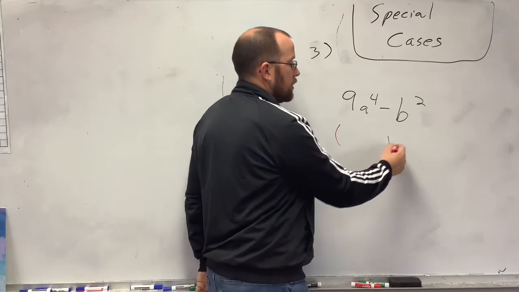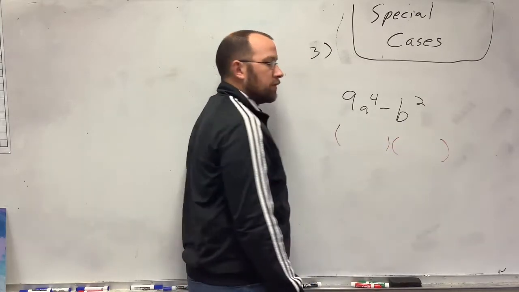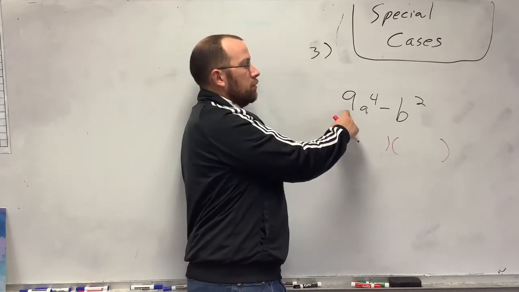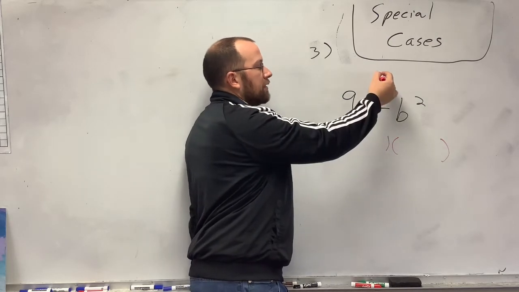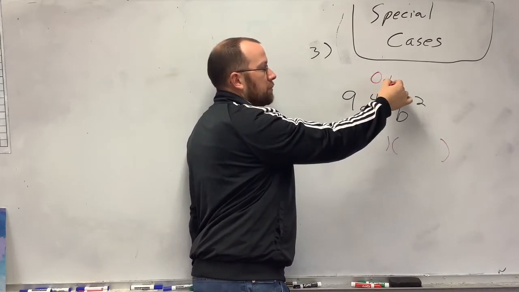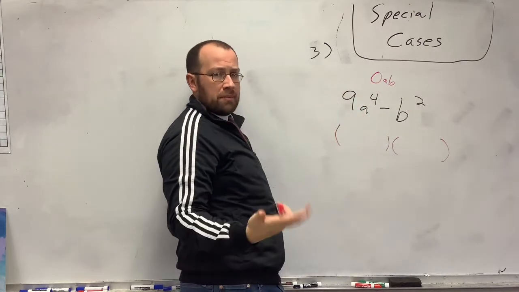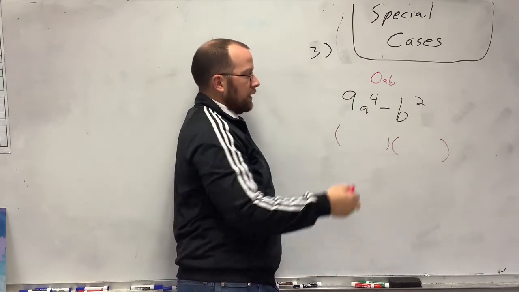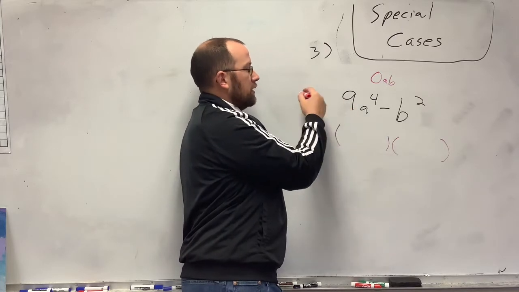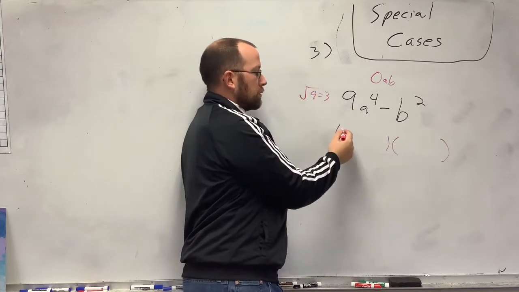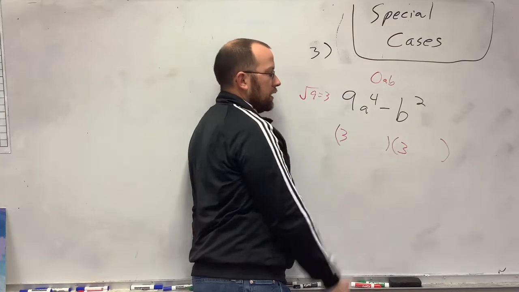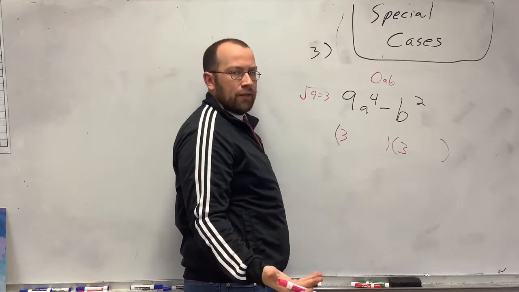This looks difficult. It is not difficult at all. We know our middle number is going to be 0, so that's why everything's gone. So I know this is just going to be the square root of 9, which is 3. Now what times what will give me a to the 4th?